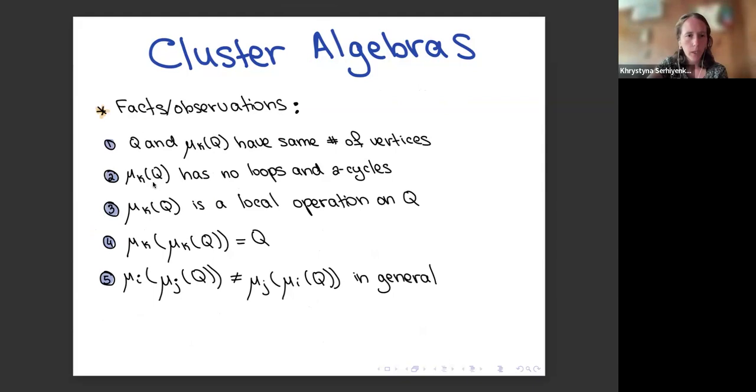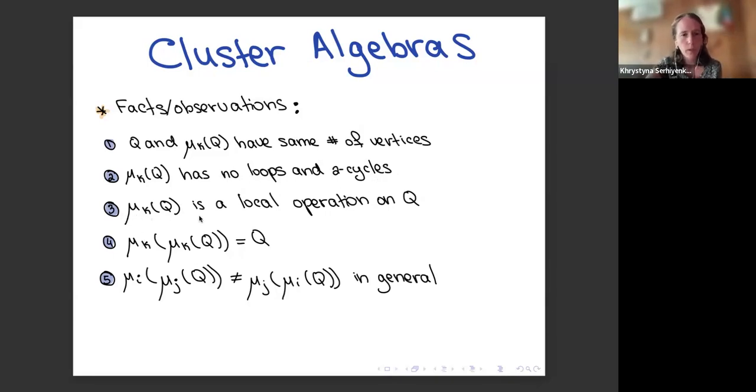After mutating at a vertex, the quiver still has no loops, because we started with a quiver with no loops, and we cannot make more loops. And because of step 3, there are still no 2 cycles. So at the end, we still get this nice quiver. This is important because once you have mutated a vertex, you can keep doing mutations again and again and get more and more quivers, because the 2 conditions that we needed are still satisfied.